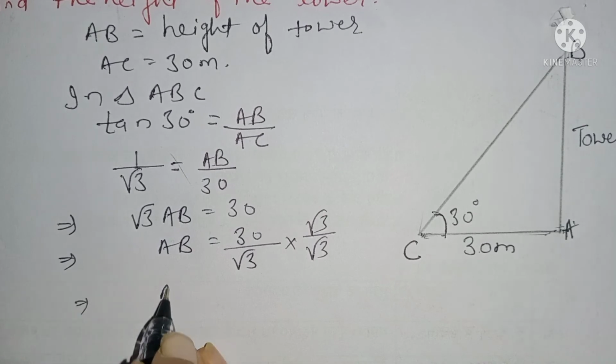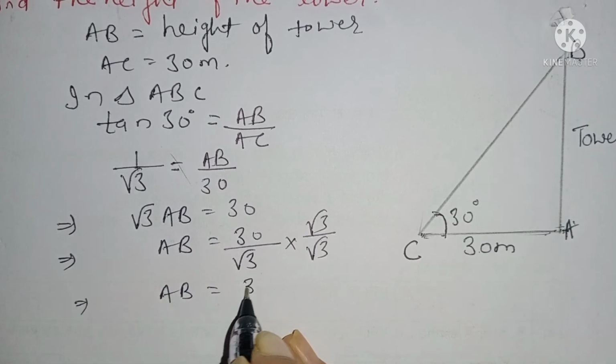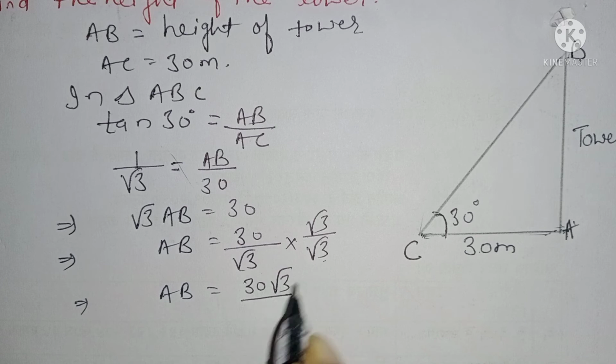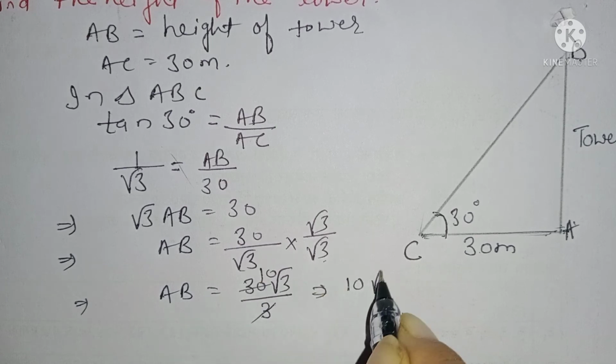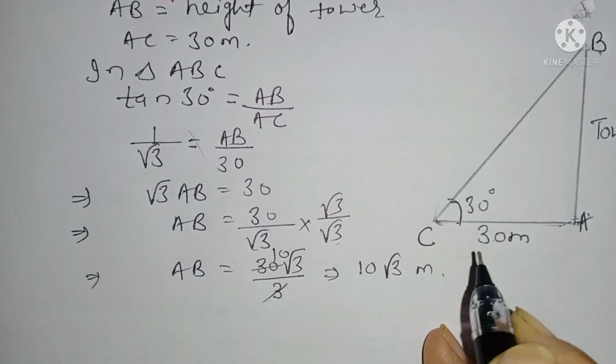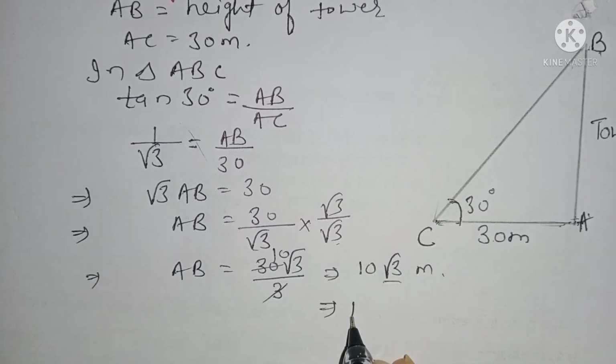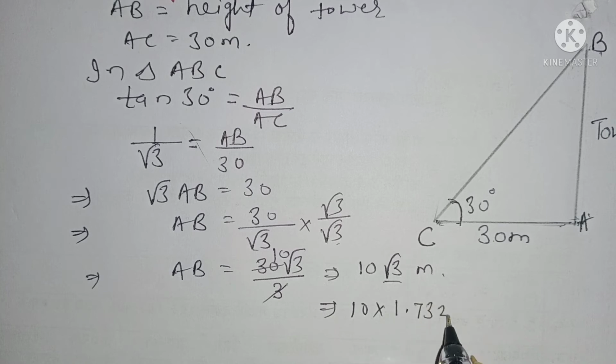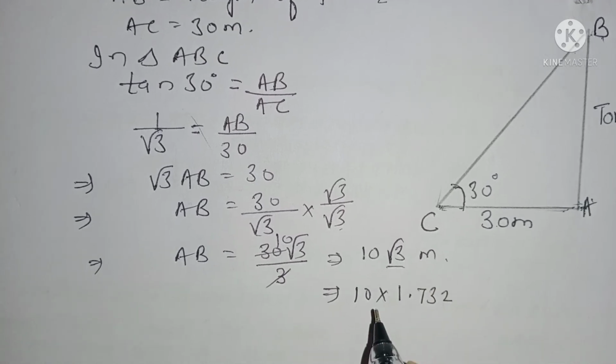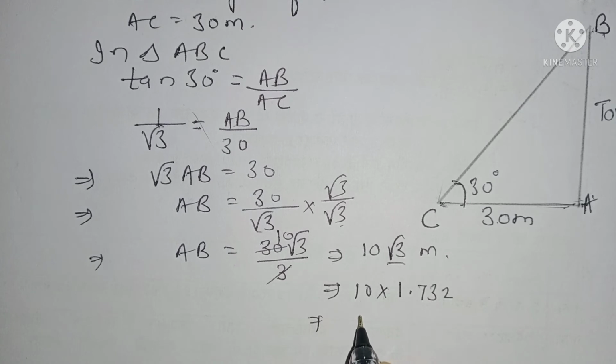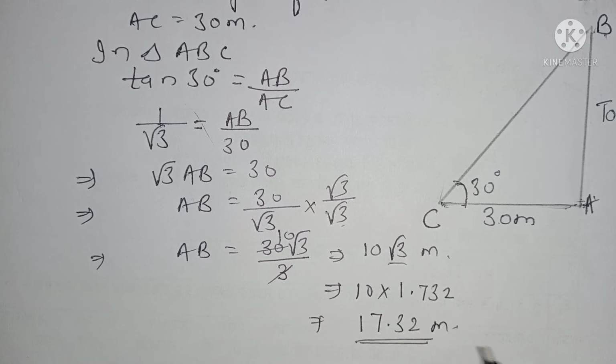You will get AB is equal to 30 root 3 upon 3, since root 3 multiplied by root 3 is 3. So 3 tens are 30. That is 10 root 3 meter. Now substitute the value of root 3. What is the value of root 3? It is 1.732. So 10 multiplied by 1.732, you will get near about 17.32 meter.